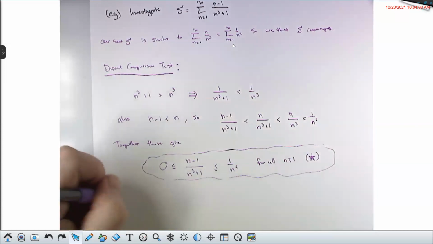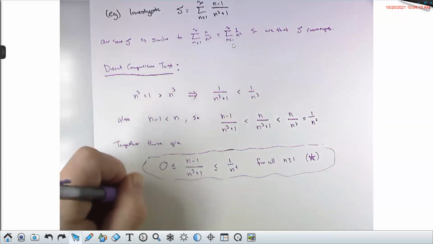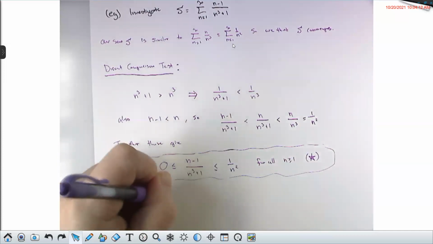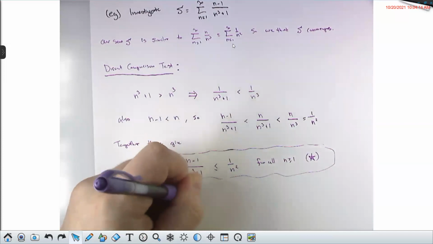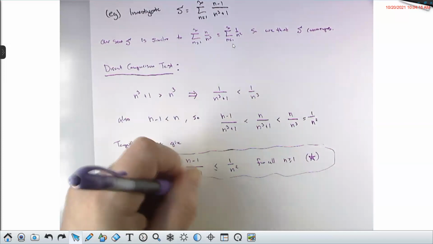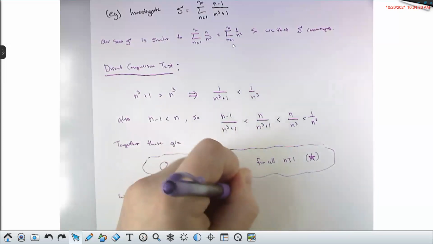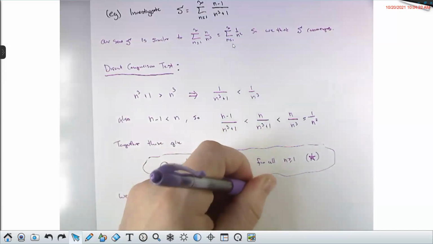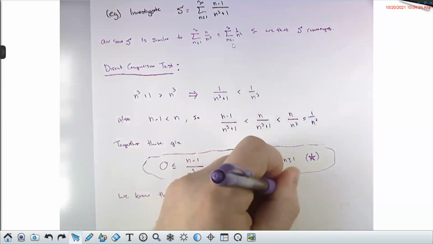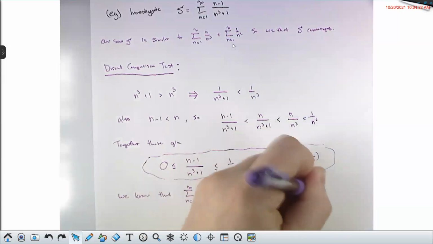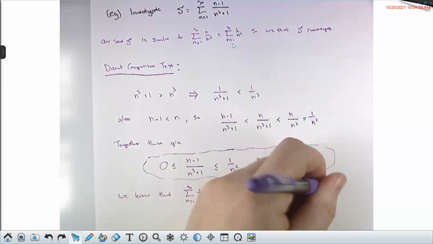We know that sigma n from 1 to infinity 1 over n squared is a convergent p-series. Why? Because here p is equal to 2, which is bigger than 1.